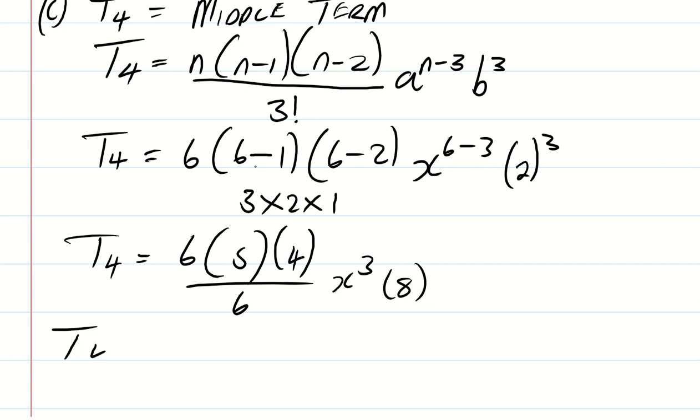Okay. And then our T4 will therefore be equal to 120 divided by 6. So when you multiply 5 by 4, you'll get 20, and then 20 times 6 is 120. Then you'll have x cubed times 8.